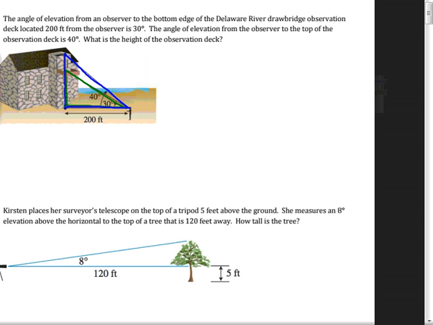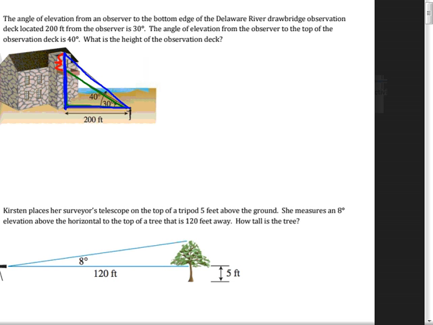What they want is the height of the observation deck, which is this distance between here and here. Do you get you're going to have to find the blue height over here, and then the green height, and then subtract them? Does that make sense?